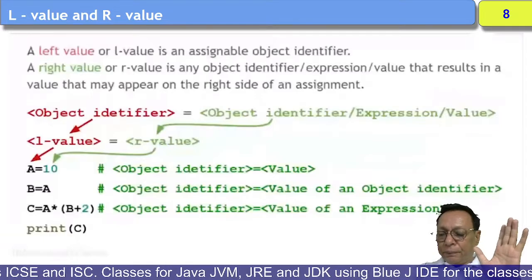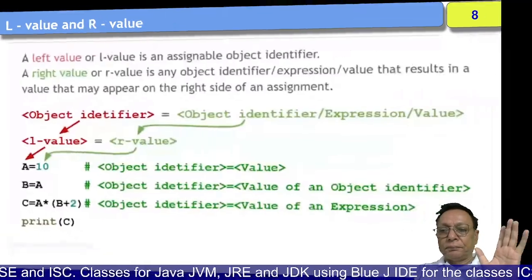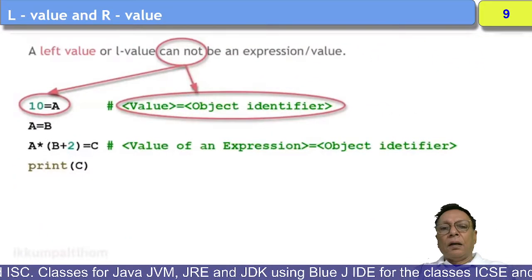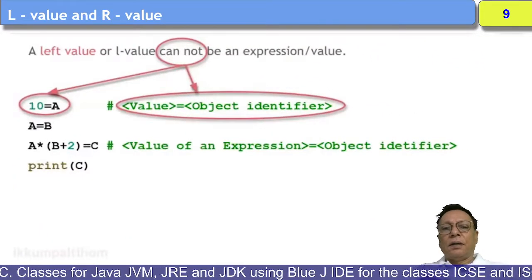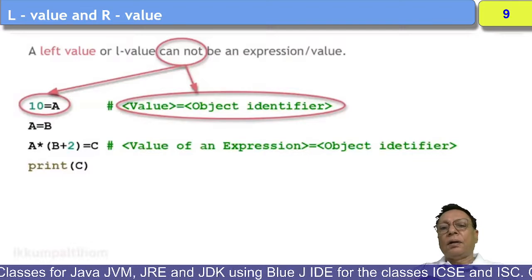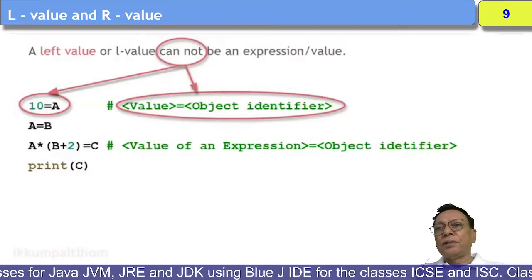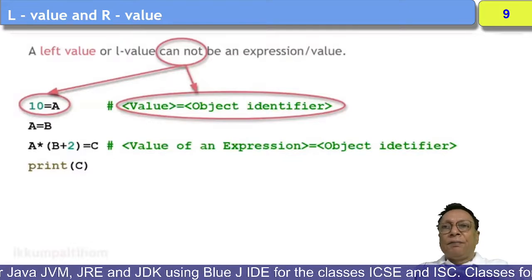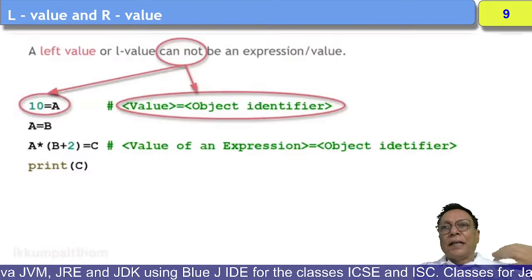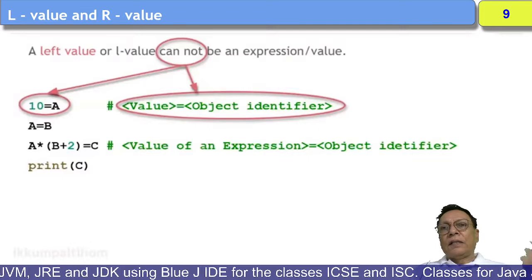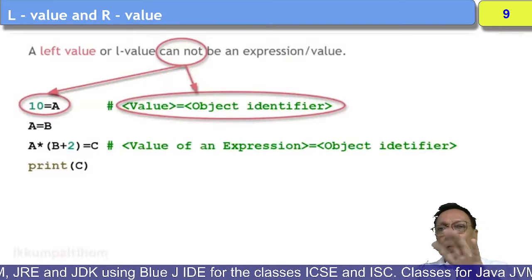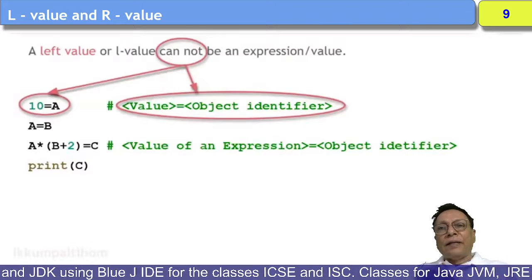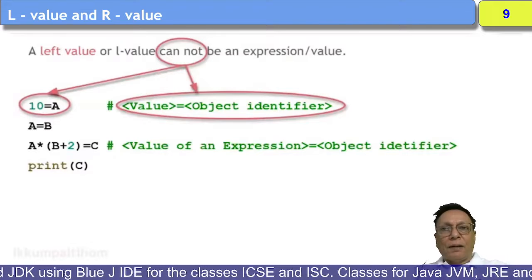Okay, next. If you see this, a left value or L value cannot be an expression, as I have explained to you. The L value will always be the holding identifier, which will hold the value of the right side of the equal sign.